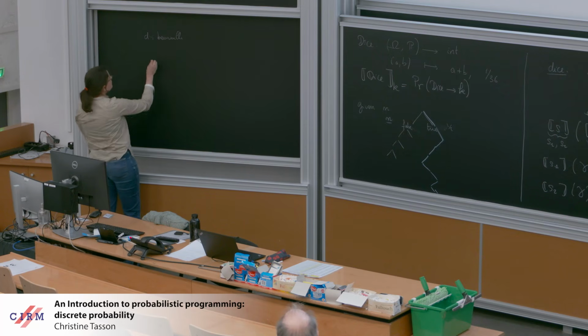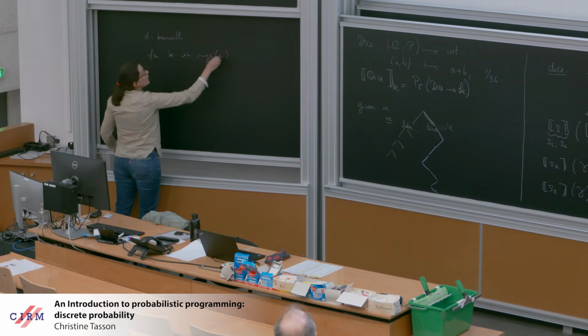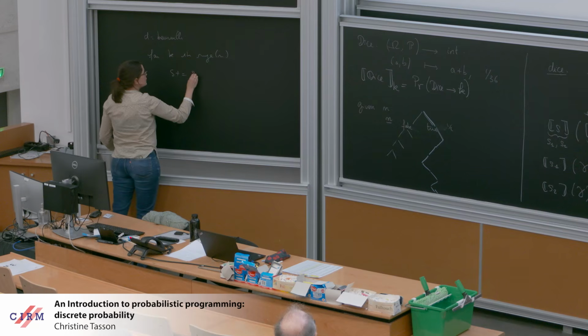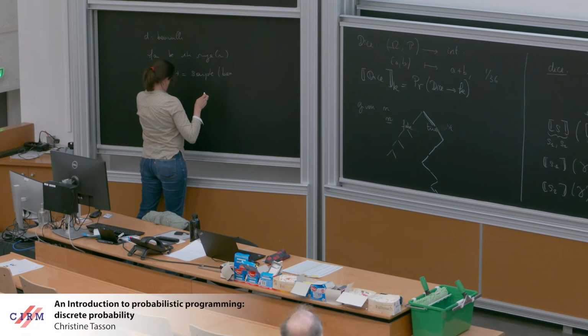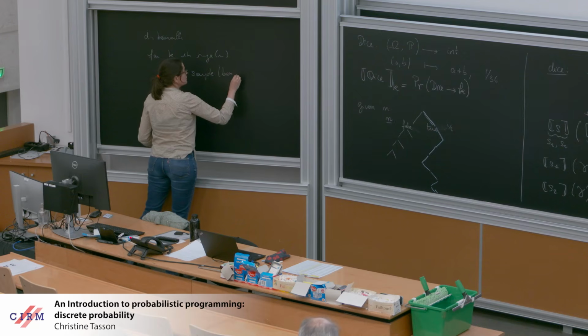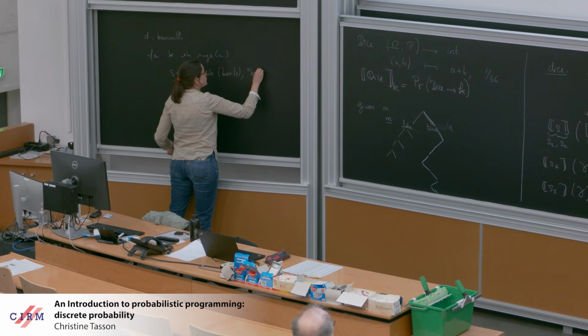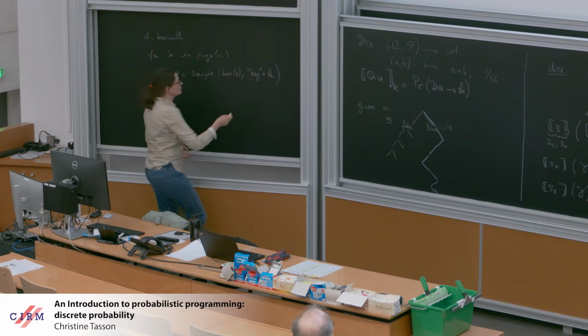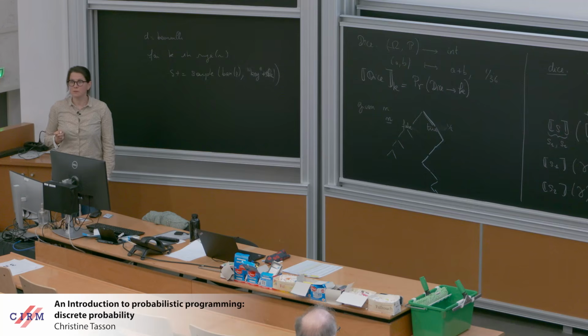And for K in a range N, I will sample this Bernoulli of P with a different name, like of a string of K. Okay? So what will be the samplings?